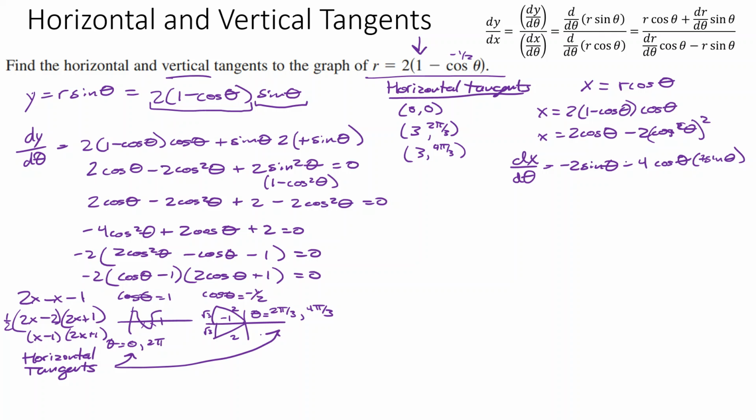So these negatives are going to cancel out, and we're going to get negative 2 sine of theta plus 4 cosine of theta sine of theta. Now I can factor out a negative 2 sine of theta, and I'm left with 1 minus 2 cosine of theta. I want to set that equal to 0 to find the vertical tangents.